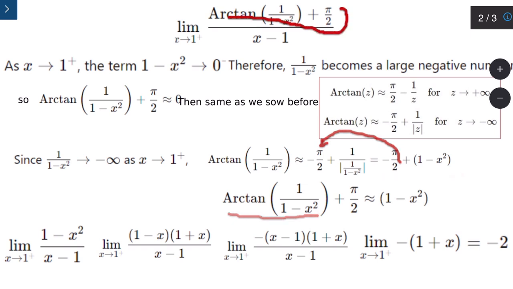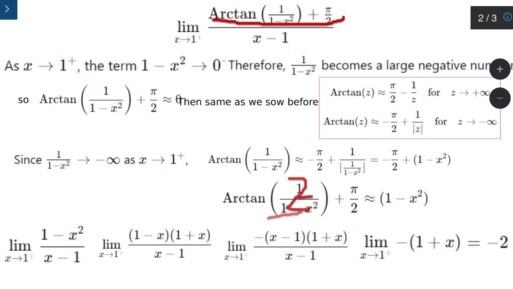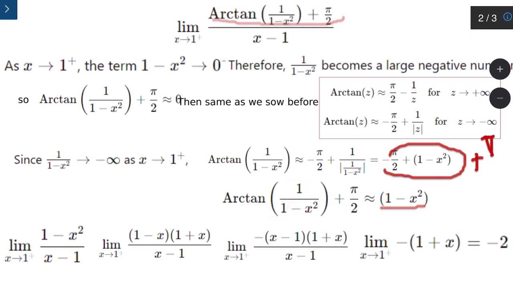Our equation is the arctan of z plus pi over 2, which is here, equal to this. Where did we get this? We got it from here. So we just add another plus pi over 2 here, and we will get this.